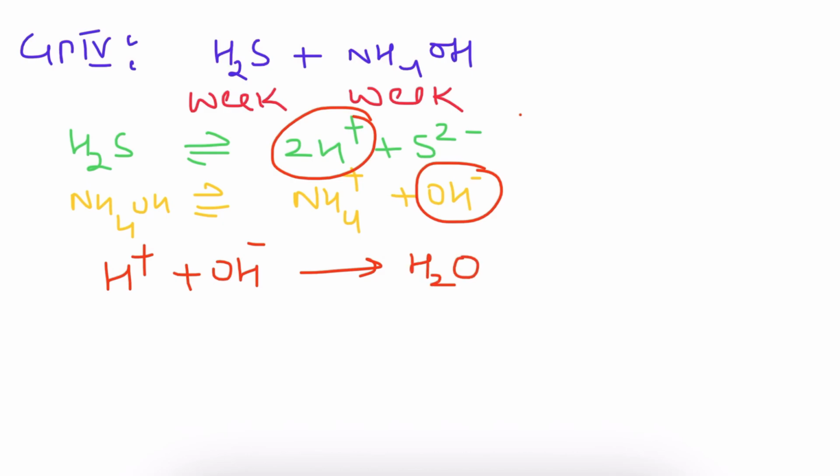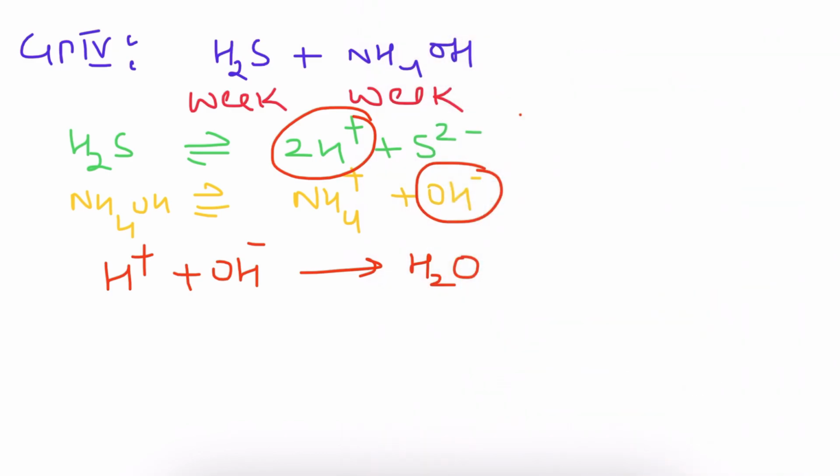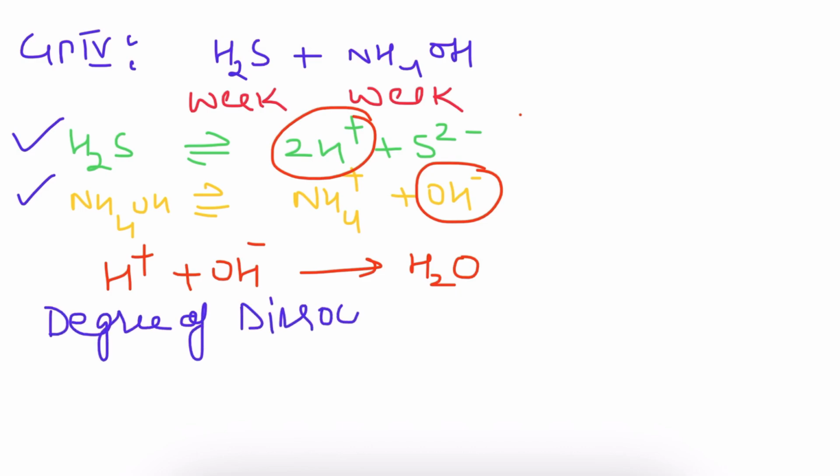So in order to have H2O, what do we need? More and more dissociation of both electrolytes. Because of the formation of water here, the degree of dissociation of H2S increases.